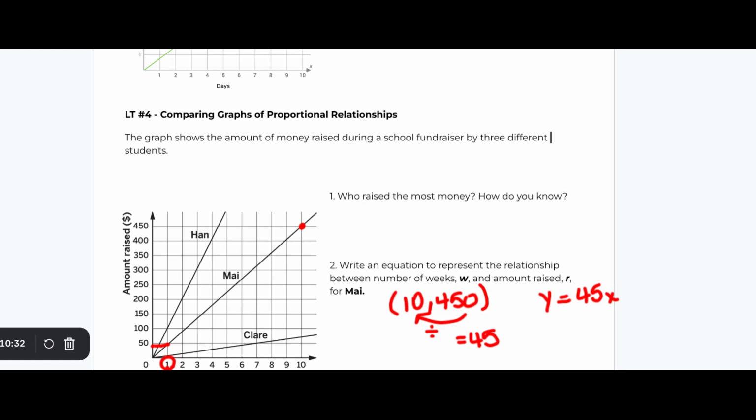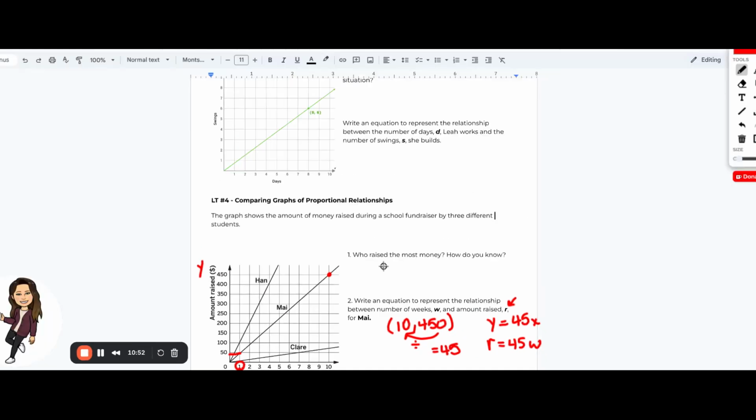And then we just need to replace y and x. Okay, so the amount raised is r, and that is our y. So it would be r equals 45 times w. So the amount raised is 45 times the number of weeks she raises, because in 1 week she raises $45.